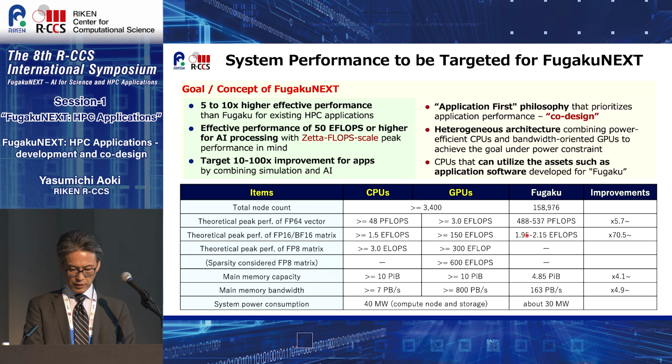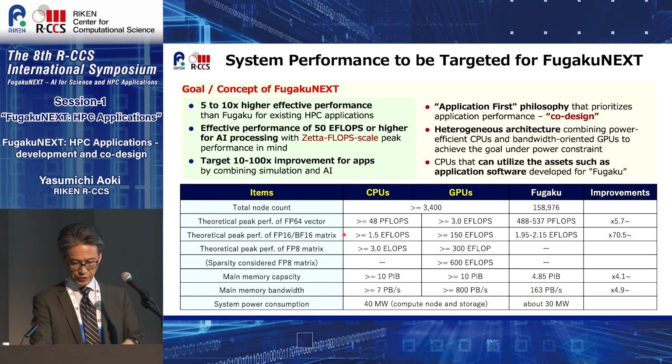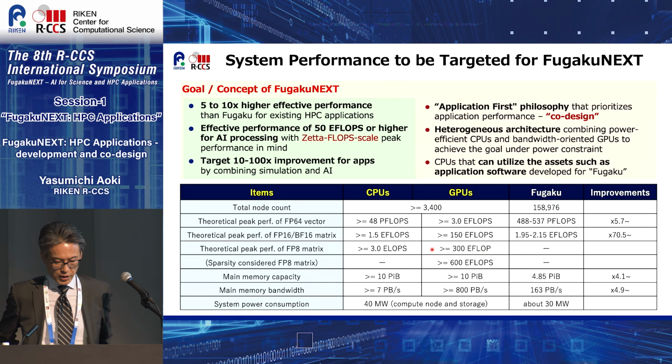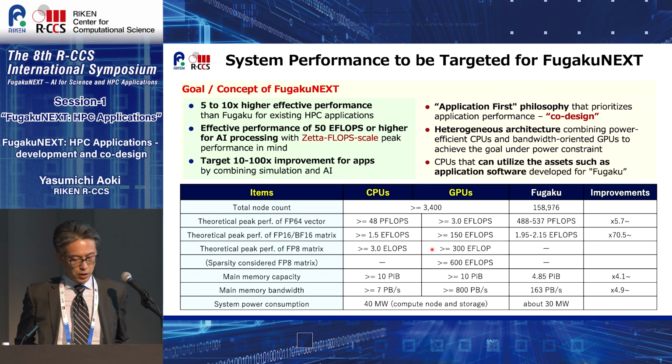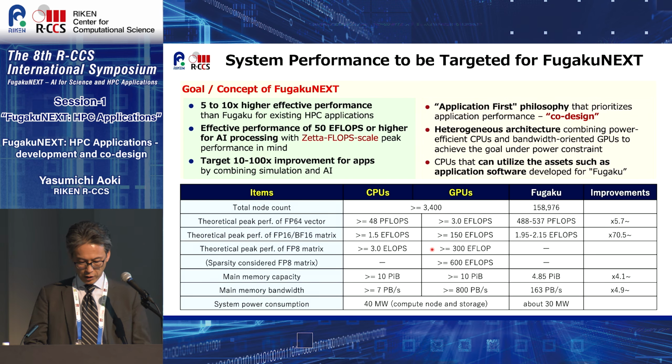The important specification is this one: the matrix operation like FP16, BF16 is much improved compared to the FP64. And this will be made available due to the tensor cores, which are embedded in the GPU in the FugakuNEXT machine.